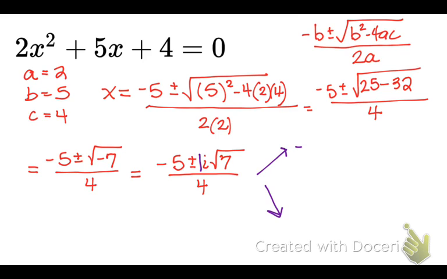So the two solutions for this quadratic would be negative 5 plus i radical 7 divided by 4 and negative 5 minus i radical 7 over 4. And those are your two possible solutions to that quadratic equation.